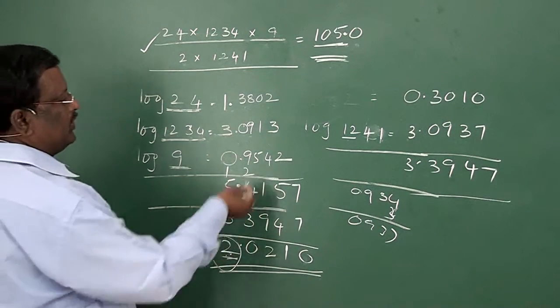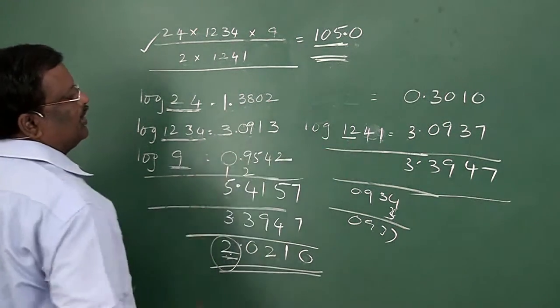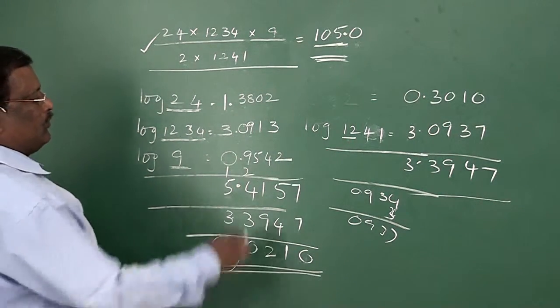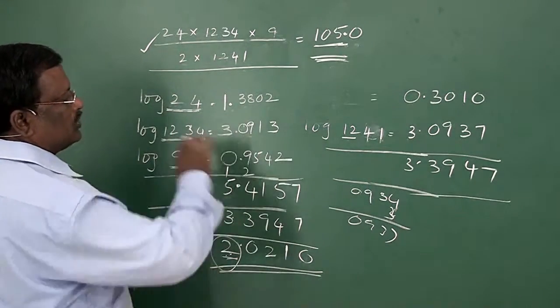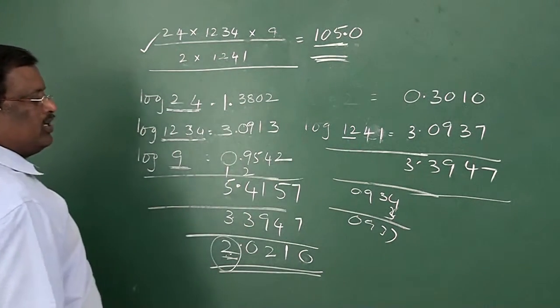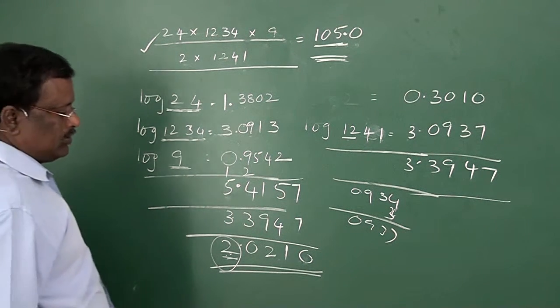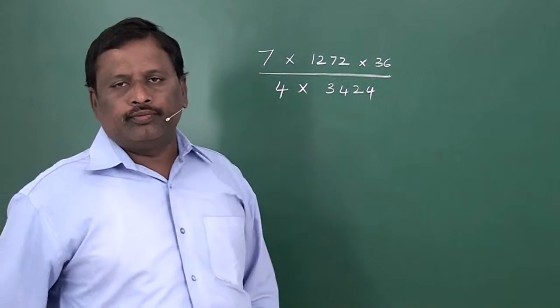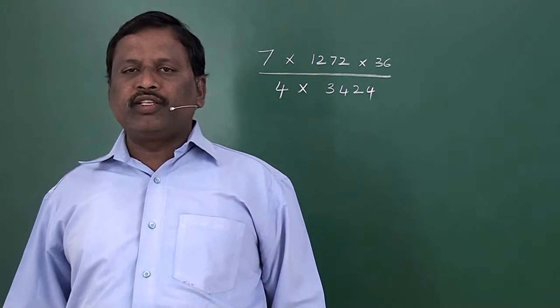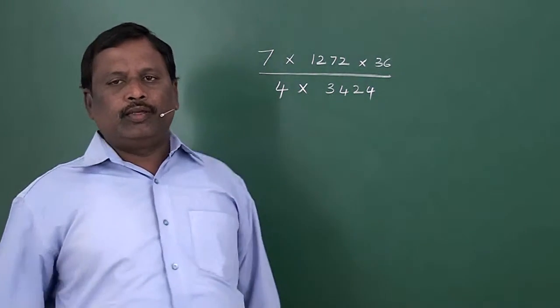If it is the first time, you may have a little bit of confusion or difficulty. But if you do 3 or 4 problems, you can understand it is very easy to solve such problems by using logarithmic tables. Let us solve another problem using these logarithmic tables.